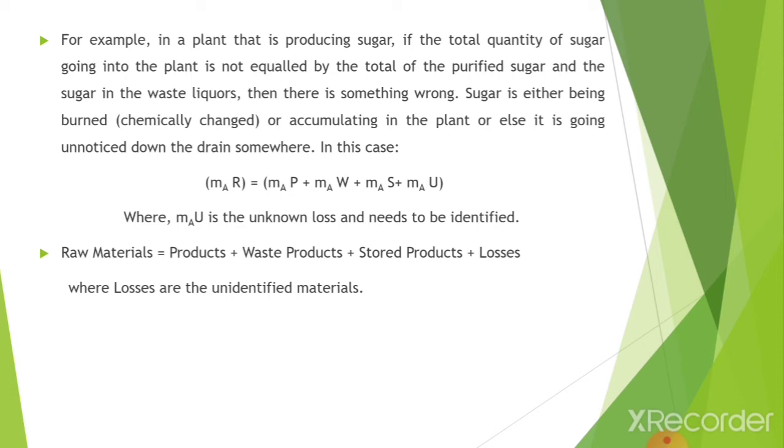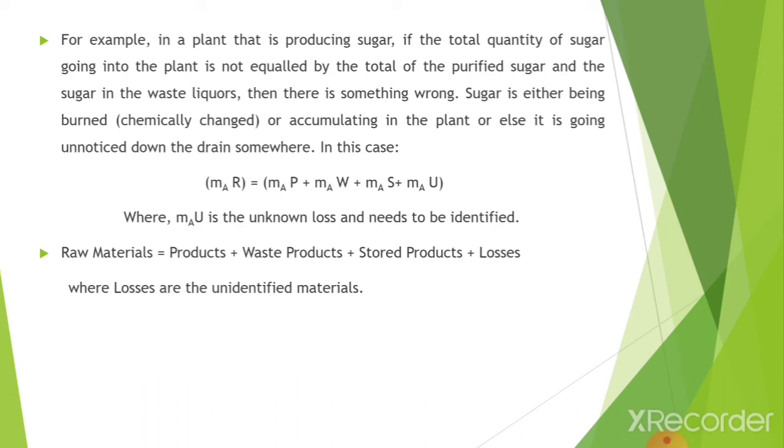Sugar is either being burned, that is, chemically changed, or accumulating in the plant, or else it is going unnoticed down the drain somewhere. In this case, the material balance equation can be written as Ma into R.